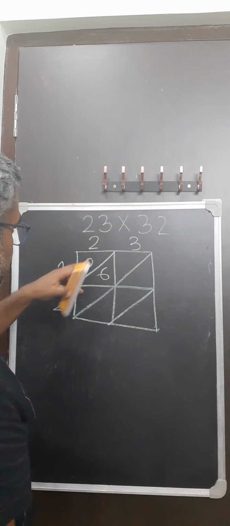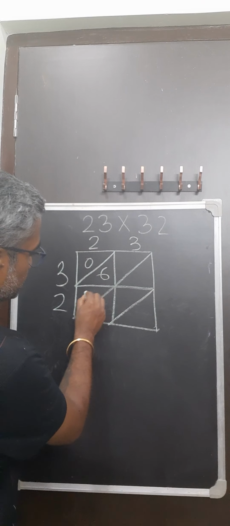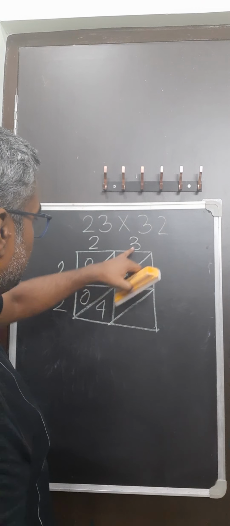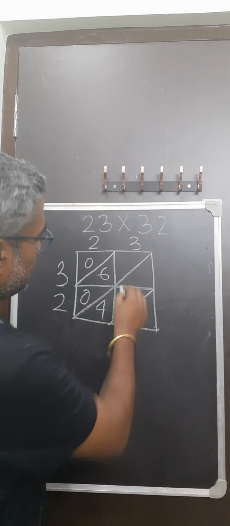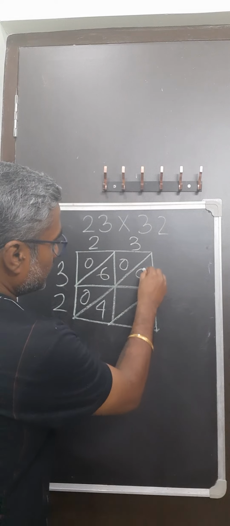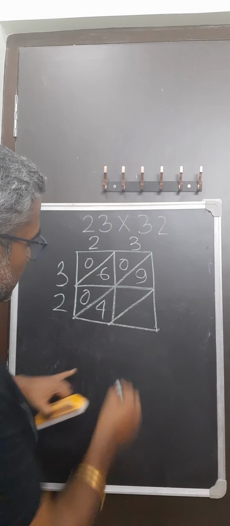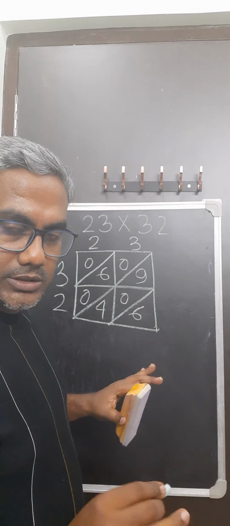Similarly, 2 cross 2 gives 4, so I will put it like that. Similarly for this cell, it will be multiplied with 3. 3 cross 3 is 09, and for the last cell 3 into 2 is 06. Okay, so can you follow me? Is it okay for you?